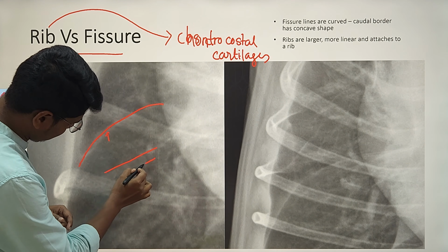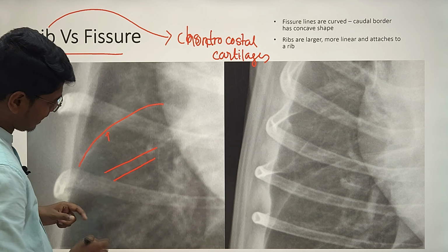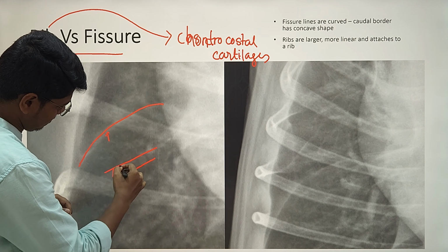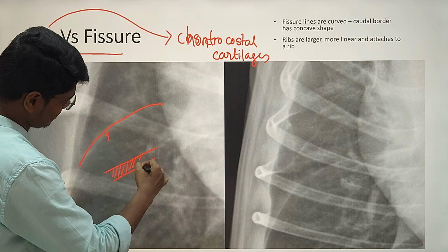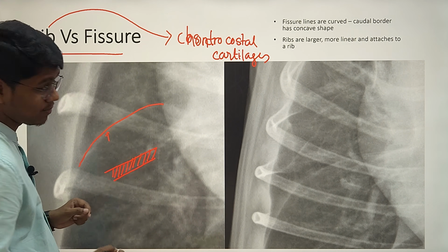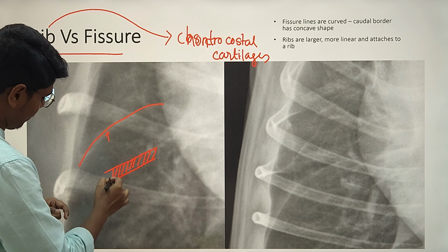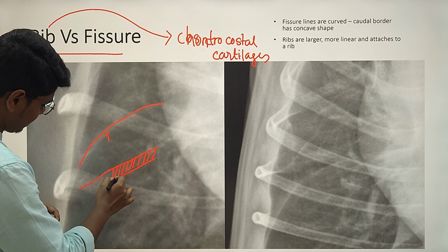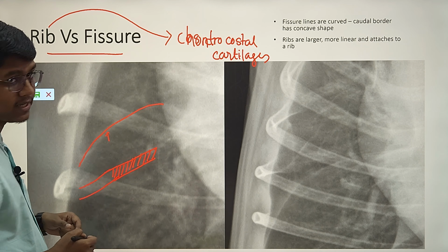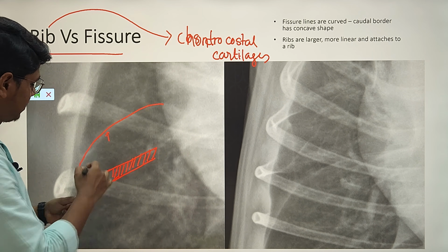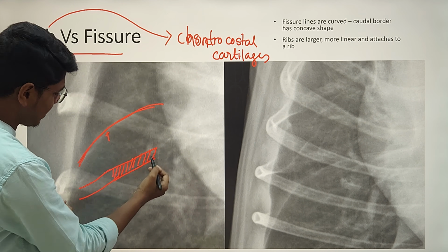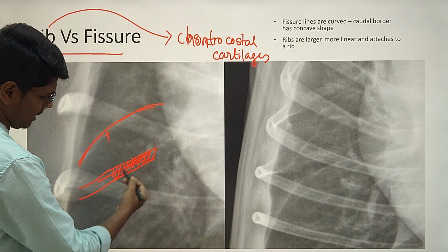You can see here a cartilage. Cartilages are usually thicker. They are more prominent, and almost every time if you track this, it will attach to a rib. Okay, but this may not attach, and they are comparatively more straight or linear.